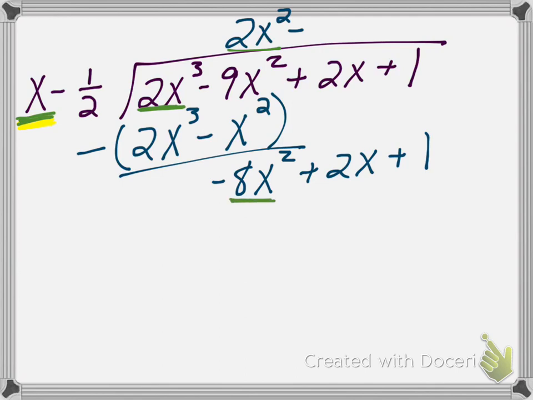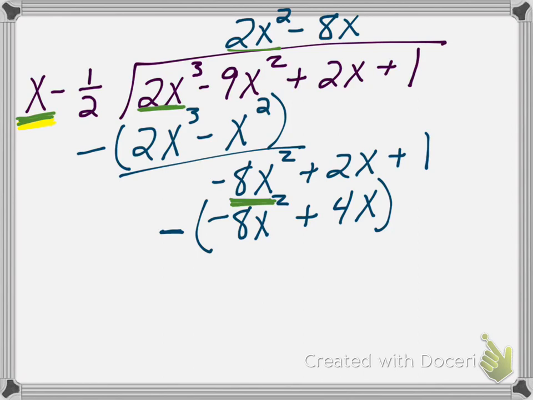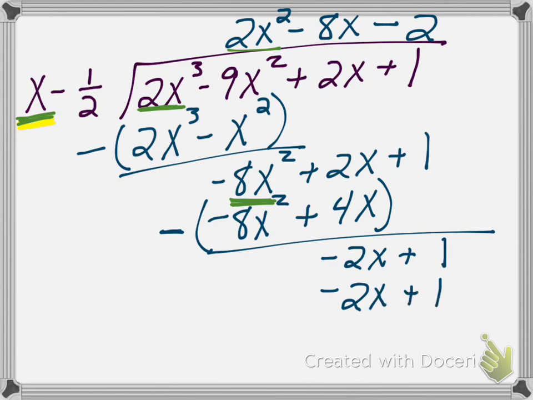What do I multiply x by to get -8x squared? It would be -8x. Multiplying x minus 1/2 by -8x, and then we have to subtract that. We end up with -2x plus 1. And again, we just look at our leading terms.